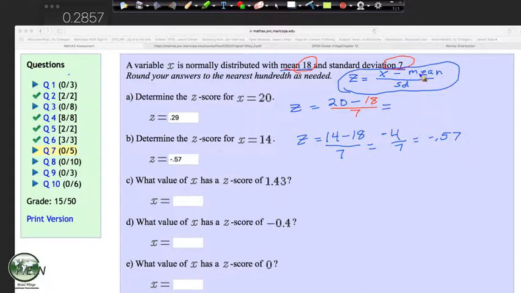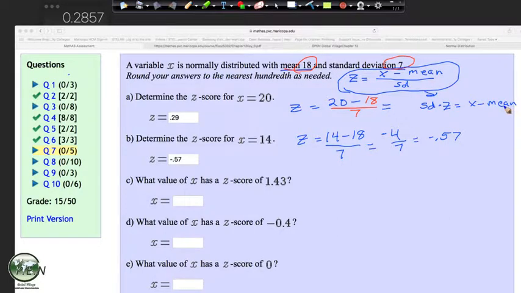Okay, so what we're going to do is solve this for x. We're going to multiply both sides by the standard deviation. So you get standard deviation times z equals x minus the mean.